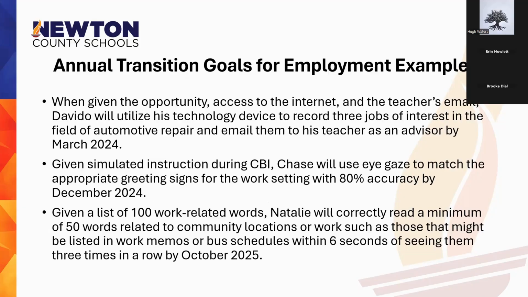So this does a couple of things. It teaches the kid how to look up jobs of interest, find places to possibly work, and then email other folks, because, as we well know, you may have to email your resume or follow-ups and things like that. So it helps communication as well.